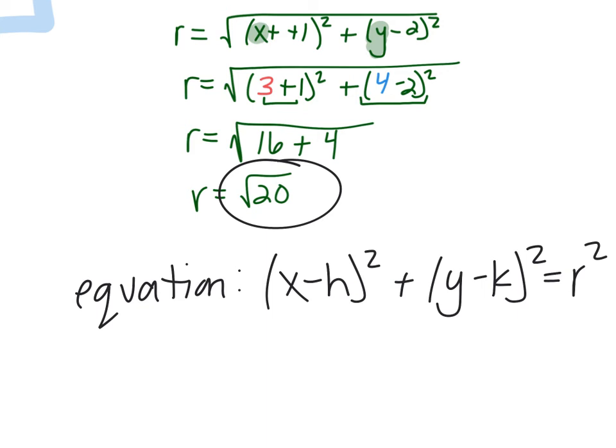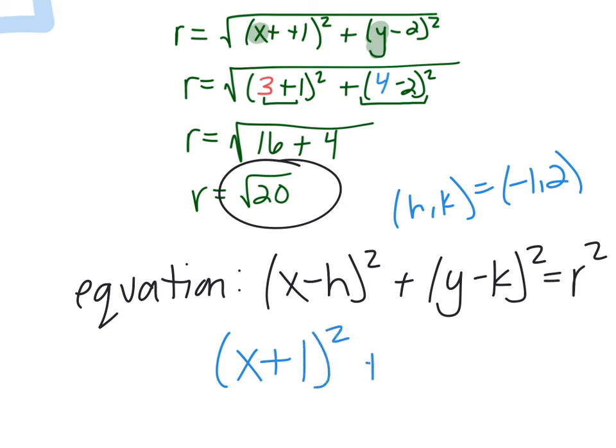So our final answer for standard form: remember our h and k values were negative 1, 2 for the center. So h would be a negative 1, so it'll be a plus 1 there, squared, plus y minus k, which was 2, squared, equals.